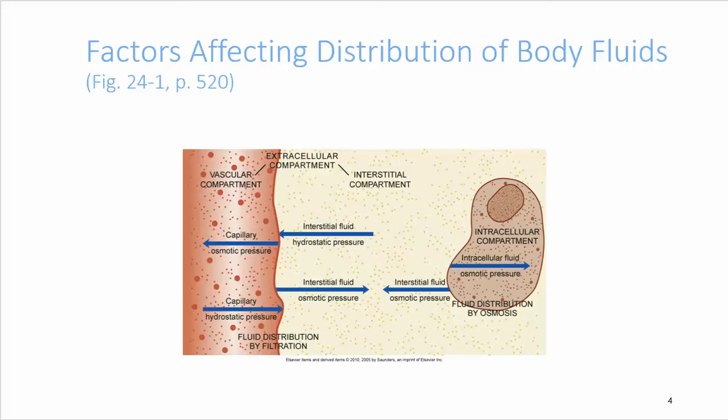And the other thing that moves it is osmotic pressure. And osmotic pressure is when fluid moves from an area of low concentration of solutes to an area of high concentration of solutes. It's like it's diluting the solutes. We examined this in the lab in AMP1.